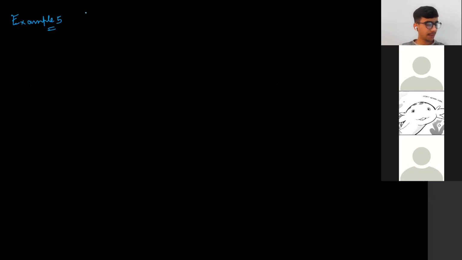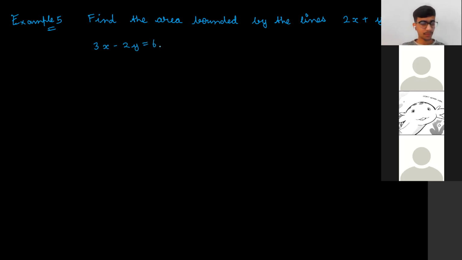You have to find the area bounded by the lines 2x plus y equal to 4, 3x minus 2y is equal to 6, and x minus 3y plus 5 is equal to 0.